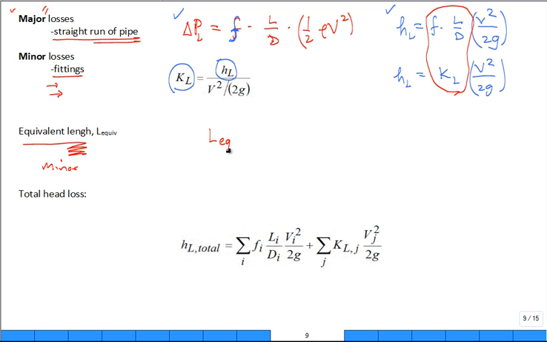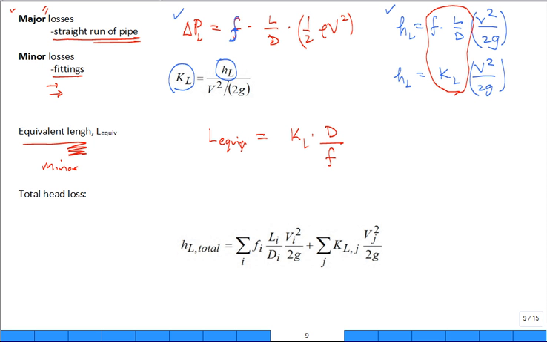The equivalent length, L_eq, is equal to the loss coefficient times the diameter divided by the friction factor. And sometimes that's useful in comparing where you have the restriction in the system.